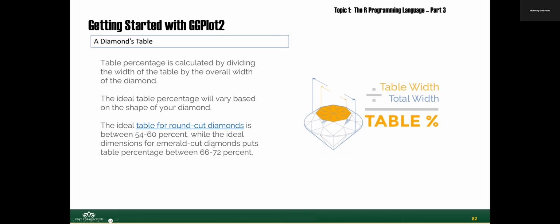For an emerald cut, that percentage goes to 66 to 72. The other cuts have similar percentages, but we don't talk about them here. But another way to get a sense of the quality of your diamond is by asking the jeweler, what is the table percentage for this diamond? He'll probably be shocked that you actually know that.